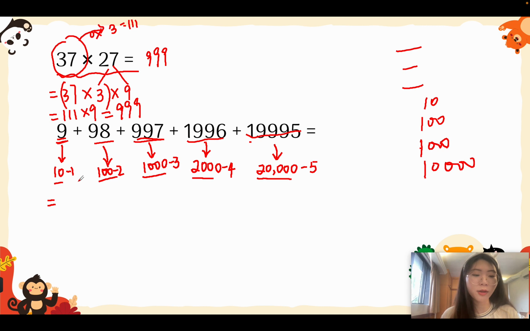And then you can calculate minus 1, minus 2, minus 3, minus 4, minus 5. You only need to minus 15, right? And the last part, 10 plus 100 plus 1000 plus 2000 plus 20,000. Calculate, and you can find the answer.